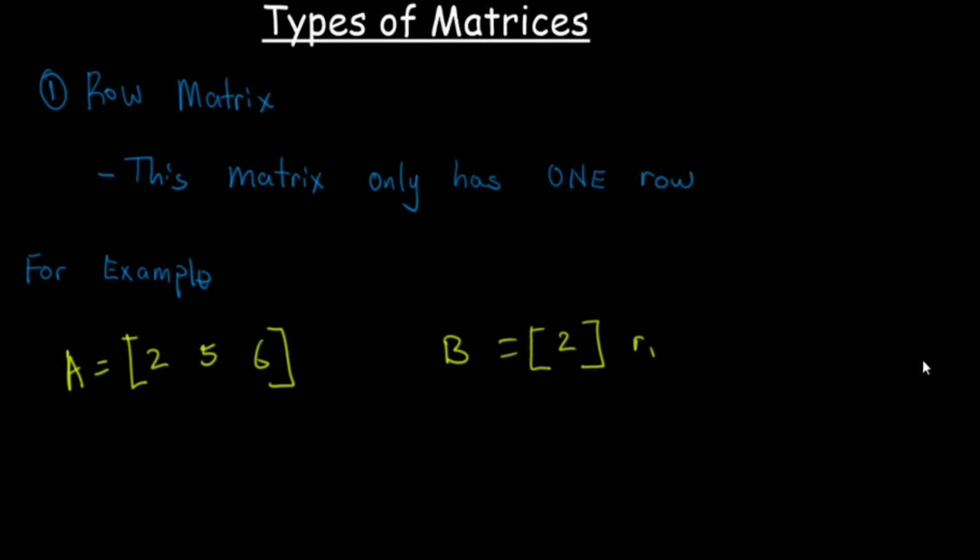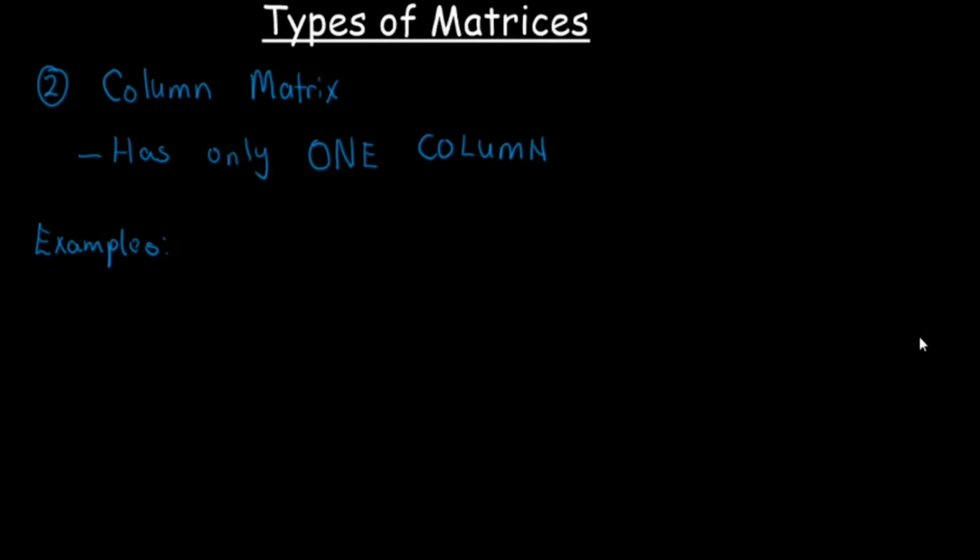The next one that we'll be looking at is a column matrix. A row matrix only has one row. A column matrix has only one column. Realize that this matrix has only one column, but it has 1, 2, 3 rows.